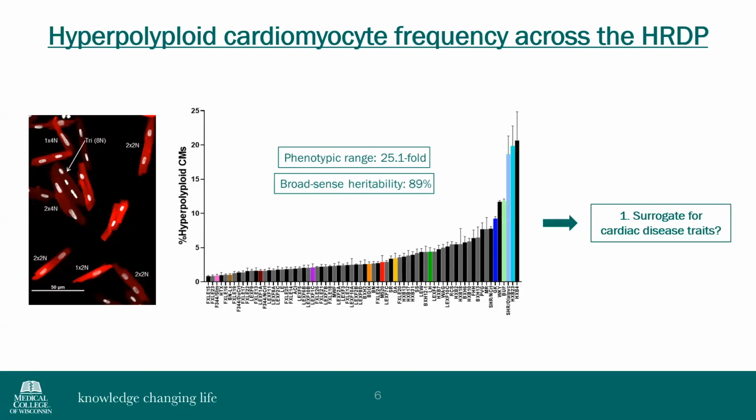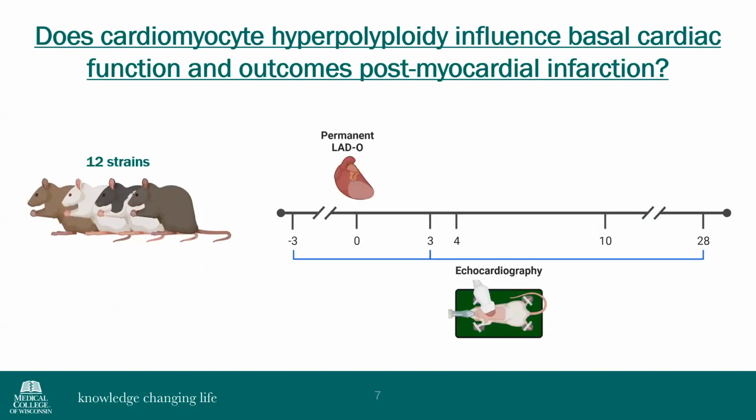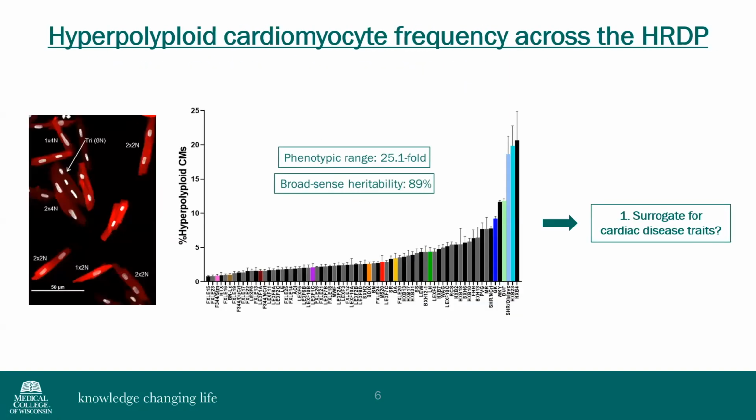So the first thing that I really needed to do was to confirm that this is an appropriate surrogate phenotype for the cardiac disease traits we're interested in looking at. And actually, I just want to make a note real quick. The bars that are colored are the strains that are moving forward in the studies of cardiac physiology, spanning across the entire range.